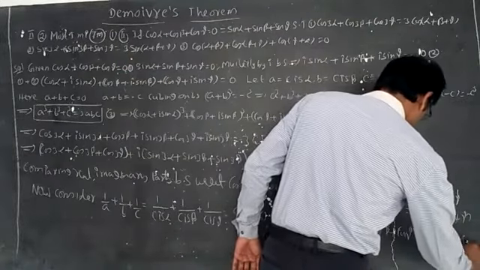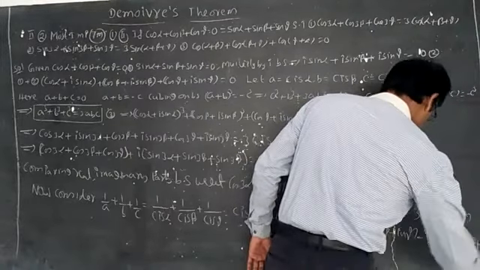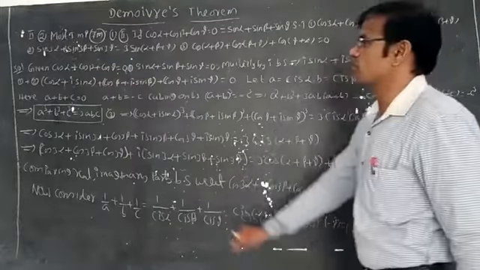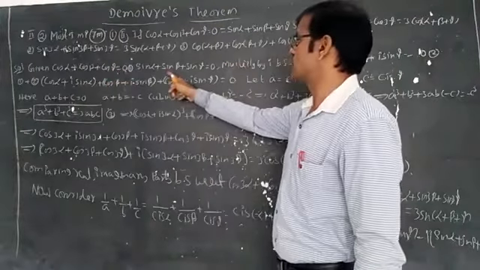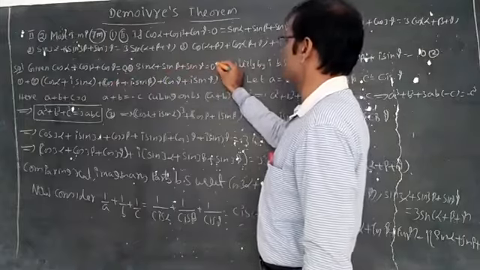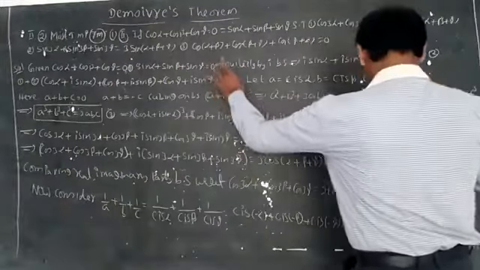Cos alpha plus cos beta plus cos gamma is equal to 0 from the first equation, and sin alpha plus sin beta plus sin gamma is equal to 0 from the second equation.